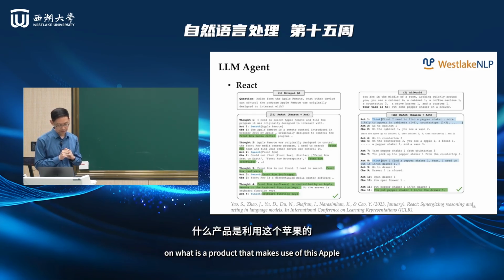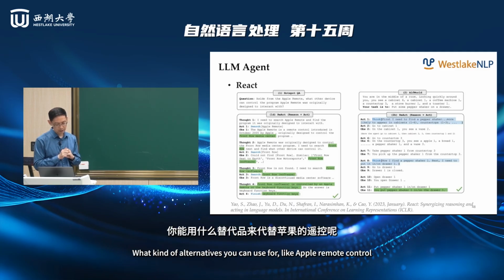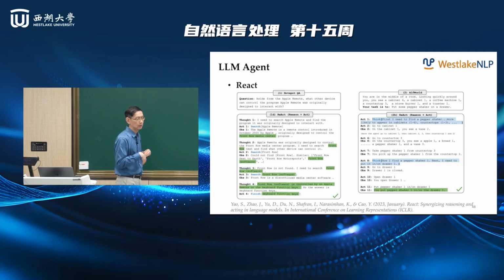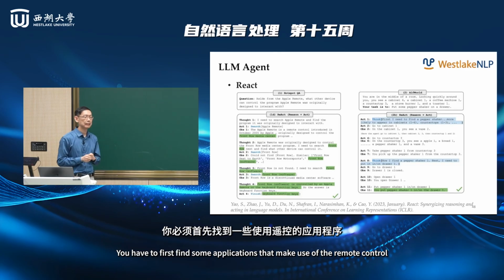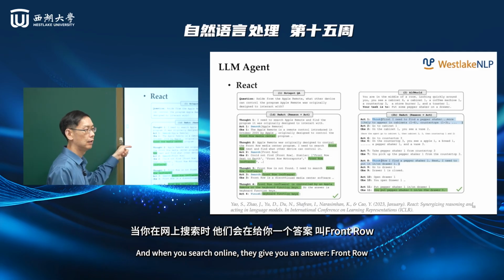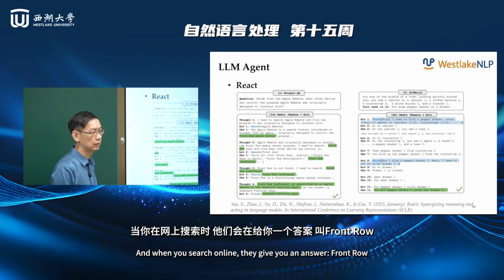The question is what kind of alternatives you can use for something like the Apple remote control. You have to first find some applications that make use of the remote control. And when you search online, they give you an answer, Front Row, okay?